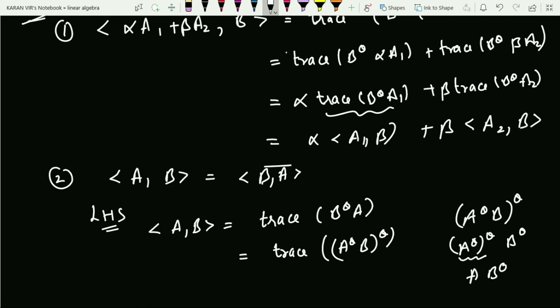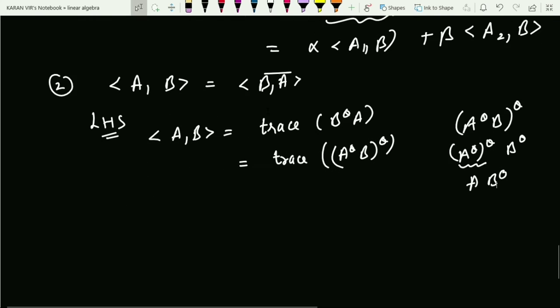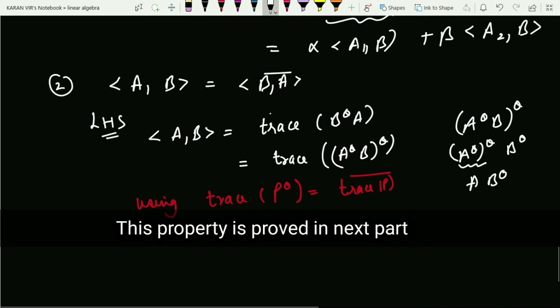Now there is a property in matrices, so I am writing the property: trace of P raised to power theta is nothing but the trace of P, and then you take the conjugate. I will be using this property here.